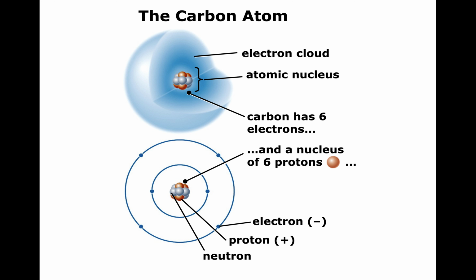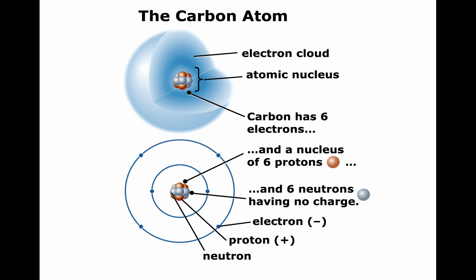The electron has a negative charge, the proton has a positive charge, and the neutron is neutral. And we then have 6 neutrons, and as I just told you, they do not have any charge.